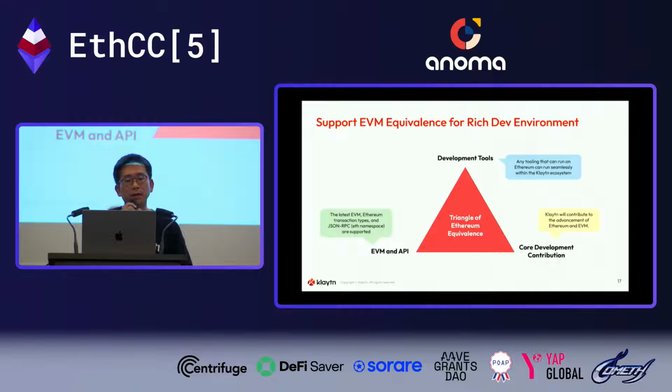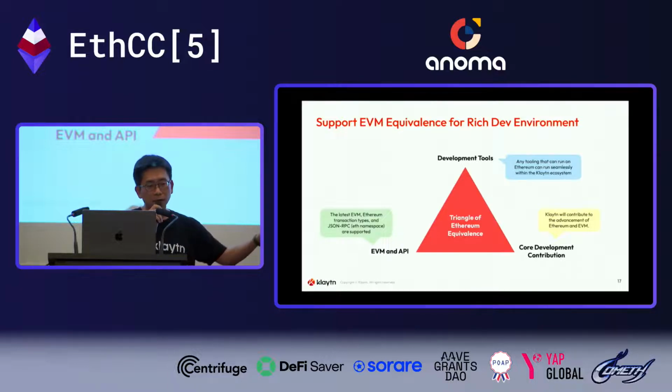And the next part is about the development environment. Even though we started from forking Ethereum, we were moving in a different direction. So we didn't follow the advancement of EVM, but recently we realized that Ethereum's ecosystem and development environment has grown fast, and it has many developers, and especially the smart contract developers are very familiar with the Ethereum developer ecosystem.